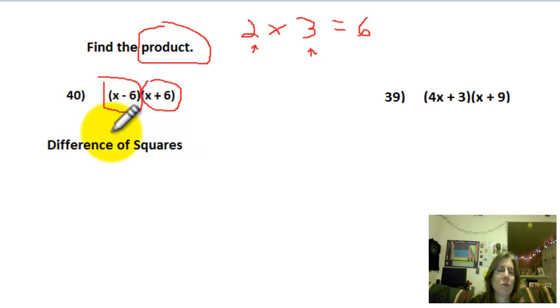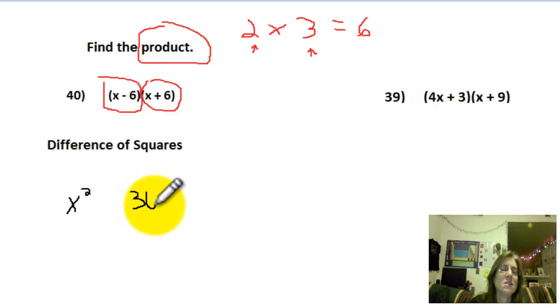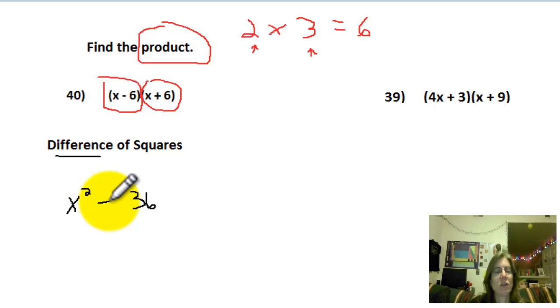After you FOIL, I know already what the answer is. All I do is square the x, so that's x squared, and I square the 6, and that's 36, and it's called a difference of squares, so it's always subtraction. If you had x squared plus 36, that is not a difference of squares.